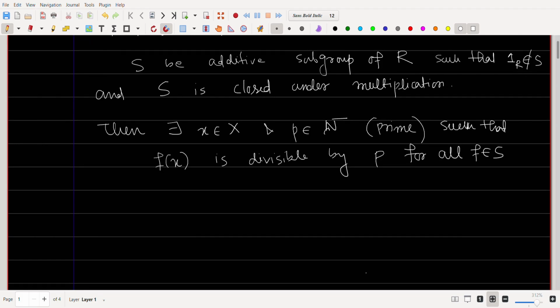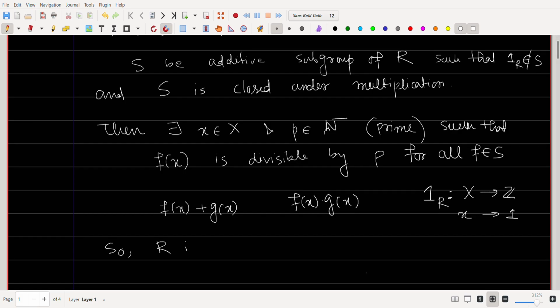That you can understand easily because you can just do the usual addition and multiplication: f(x) plus g(x) and f(x) dot g(x), and unity is basically the map from X to Z which sends every x to 1. So R is a ring. That is clear.